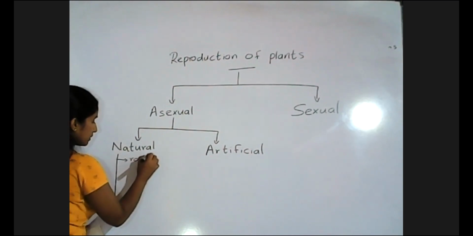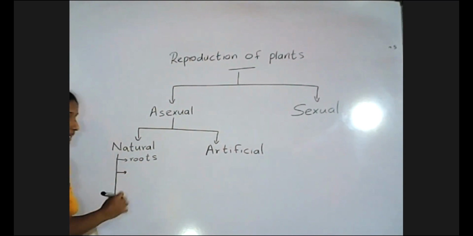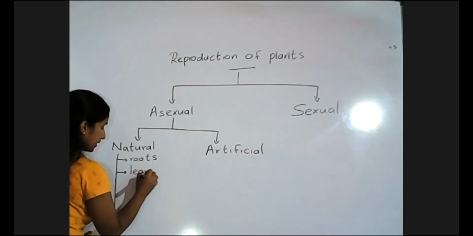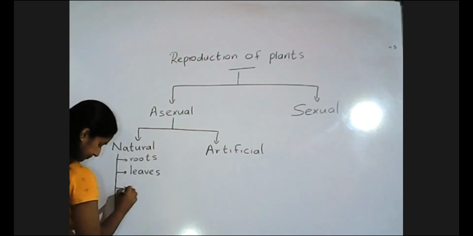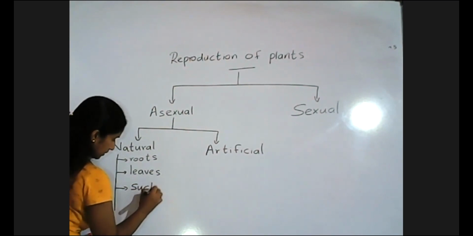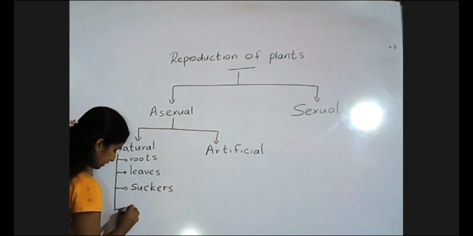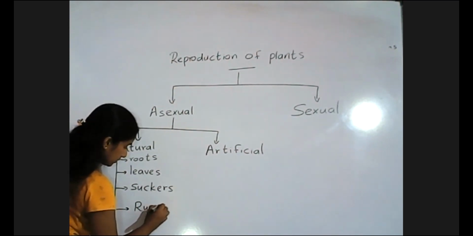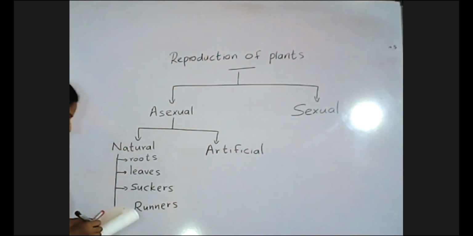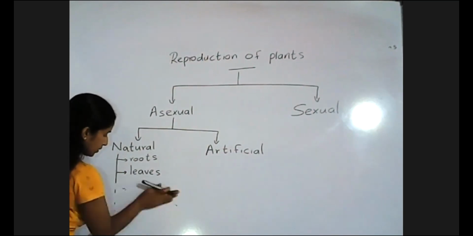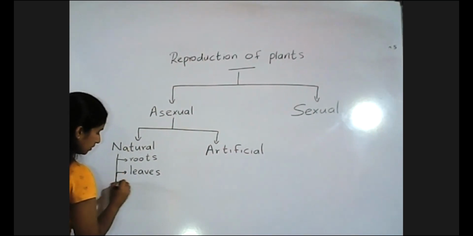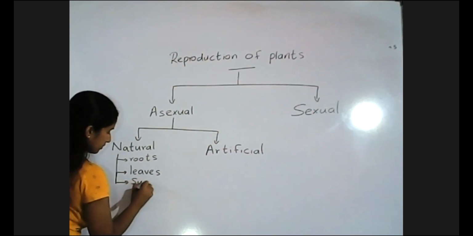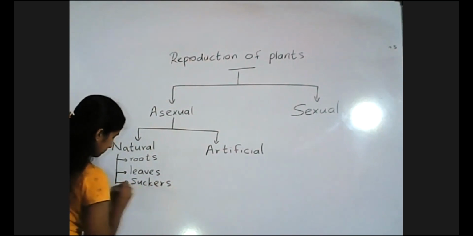These are the methods by which plants naturally make their next generation: by roots, by leaves, by suckers, by runners. You have to write the examples here also.